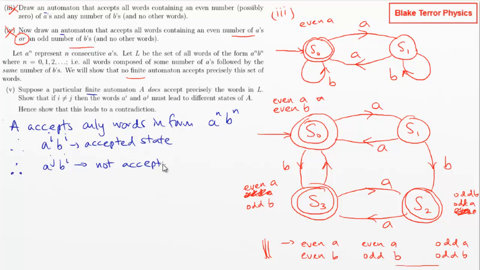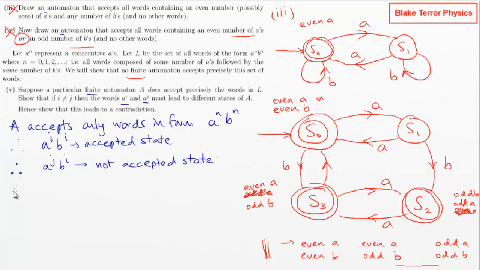So we've ended up in two different places, but I haven't done what they've asked, because they want us to show that the words A^I and A^J, without the B^I bit, must lead to different states of A. But we're doing B^I off the back of both of those.